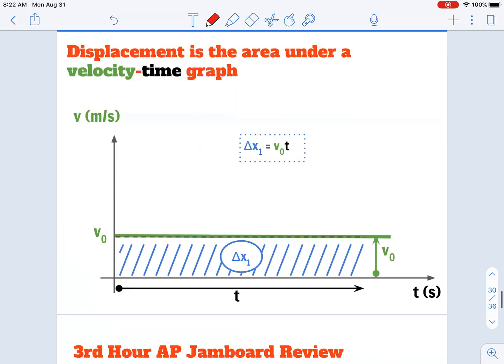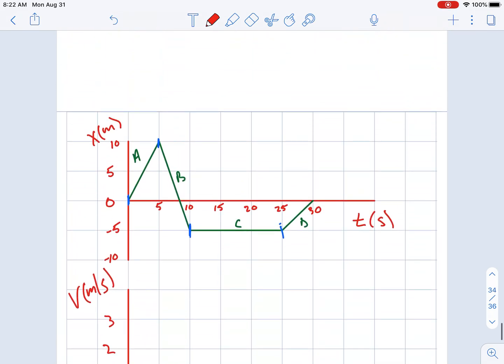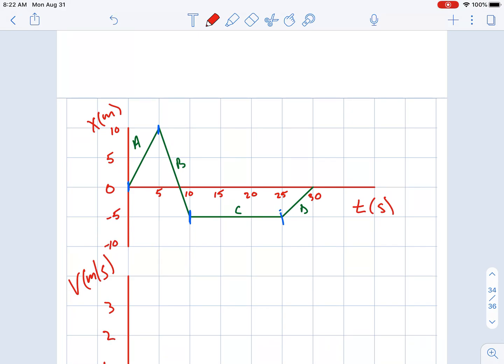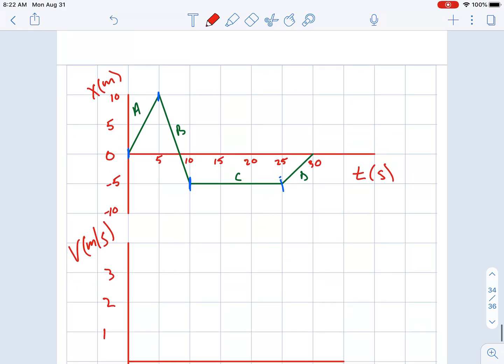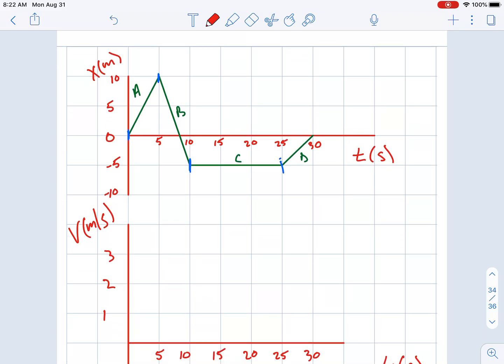Now what we're going to do is grab a position time graph and we're going to turn it into a velocity time graph. What we want to do is look at the different sections that are depicted in the position time graph. You'll notice they're already listed, A, B, C, and D. This is just the position time graph from before. In order to calculate the velocity in segment A, I'm going to take the slope.